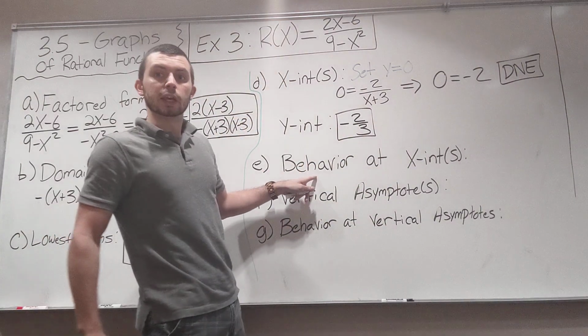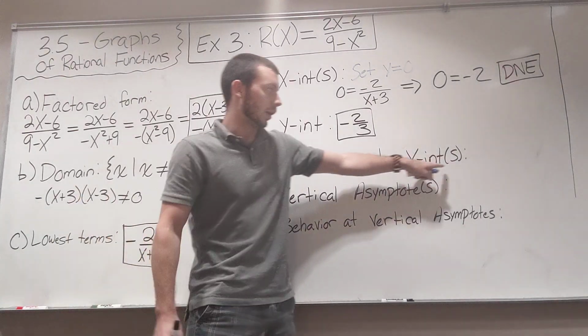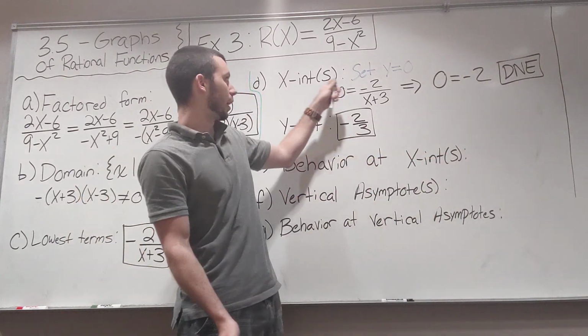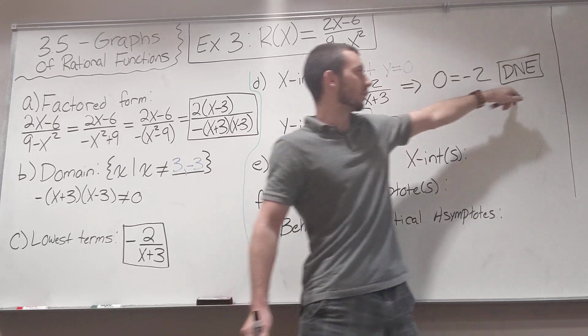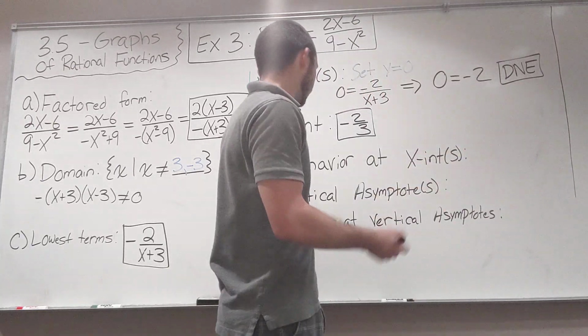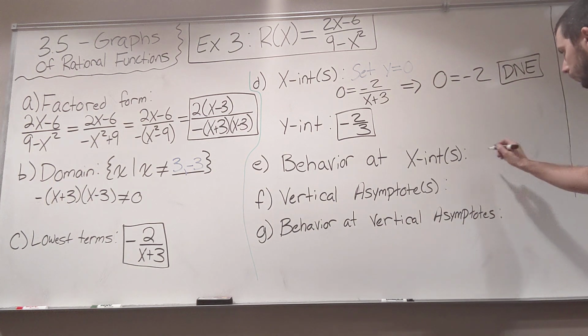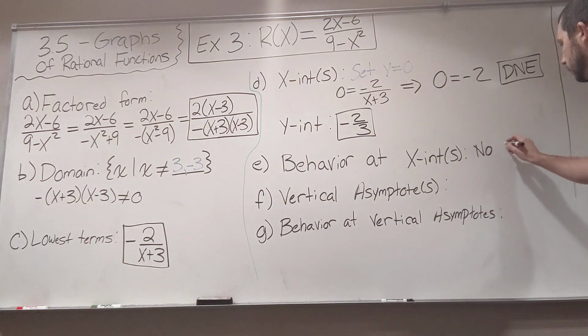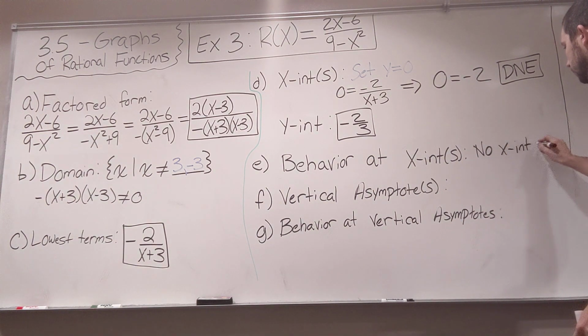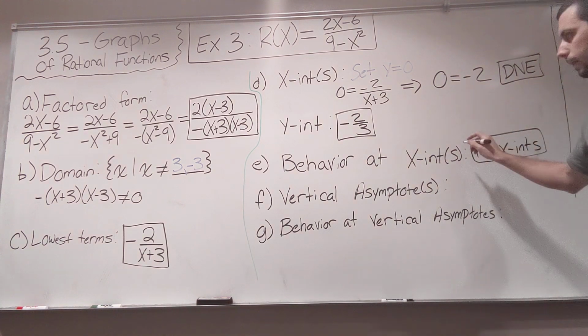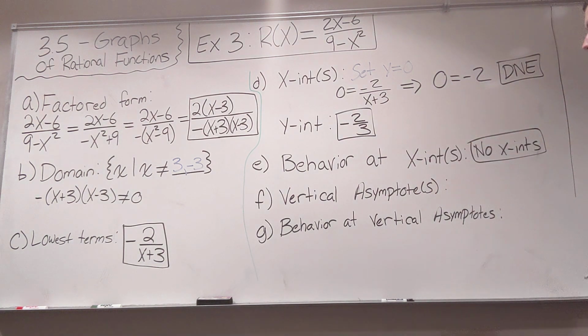So we move on to the behavior at the x-intercepts, but we don't have any x-intercepts. The x-intercepts do not exist. So there is a choice that says there are no x-intercepts. So we will go ahead and conclude with that. And that would be part E right there.